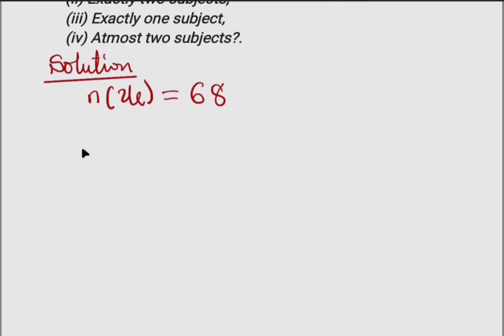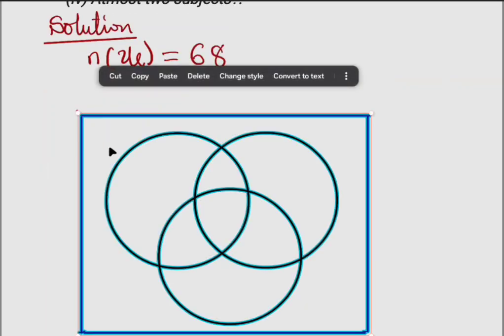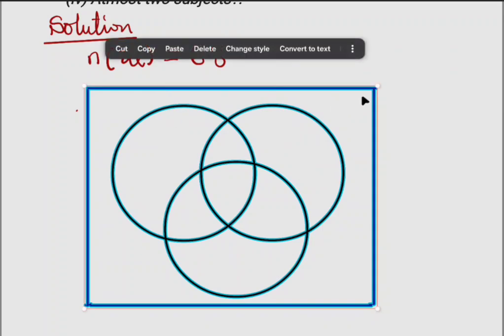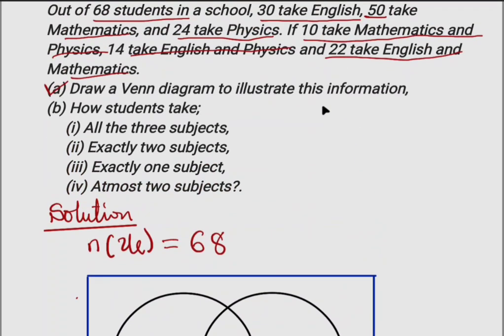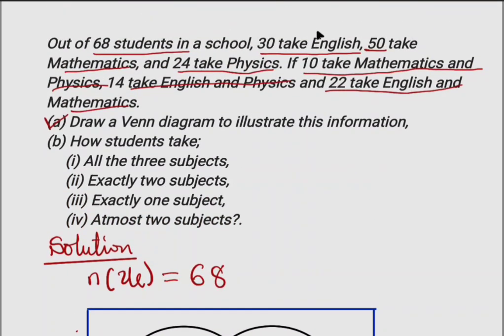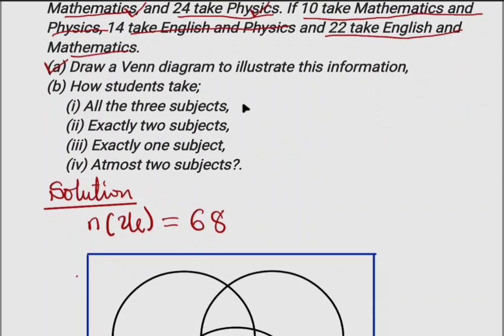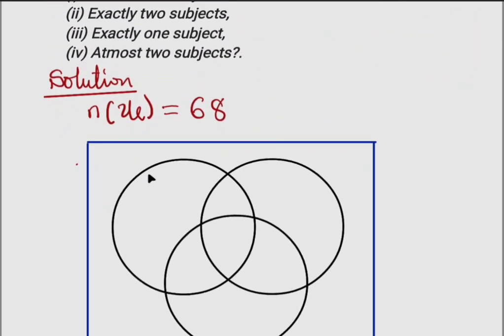Don't forget, in our diagram we shall be using three subsets. What are the subsets? We have English, math, and physics. So let's represent them one after the other.